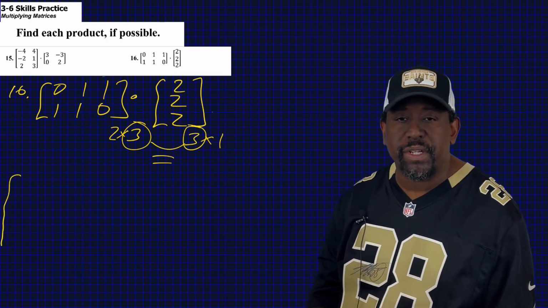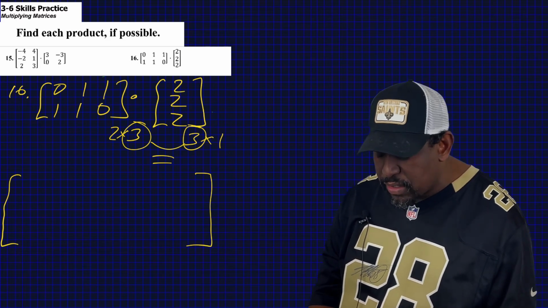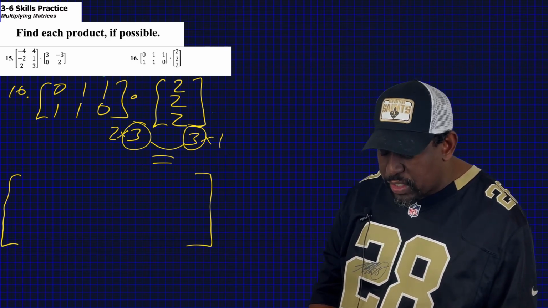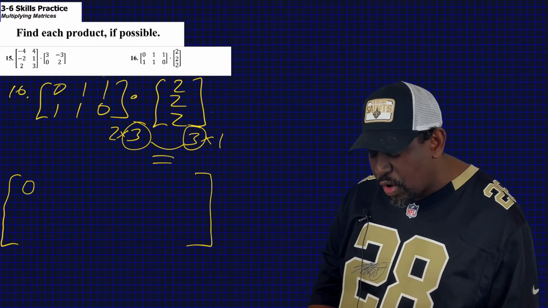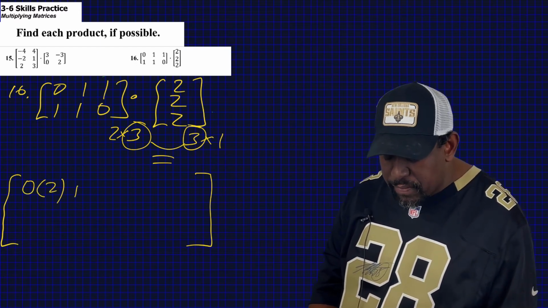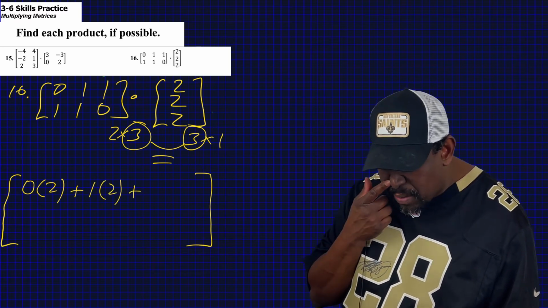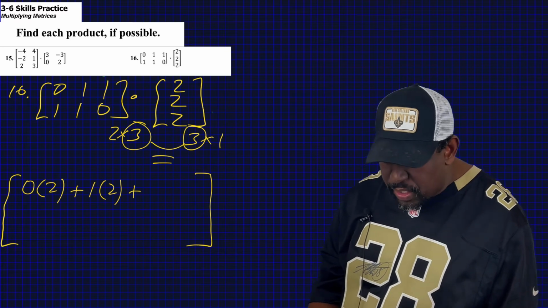We compare the middle terms, they're both equal to 3. So that means we can create a product, and our product will be a 2x1 matrix.